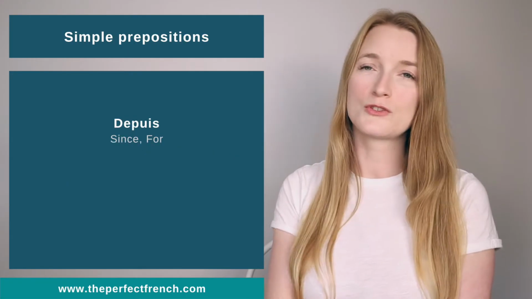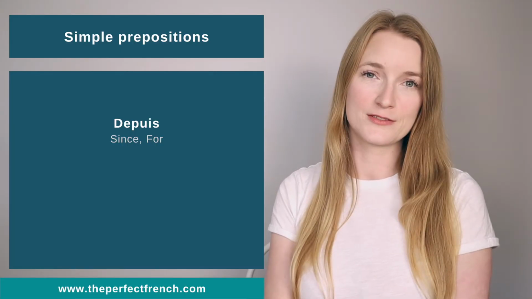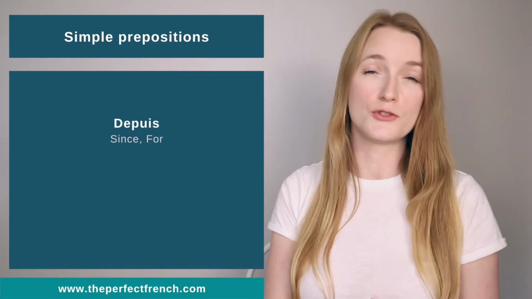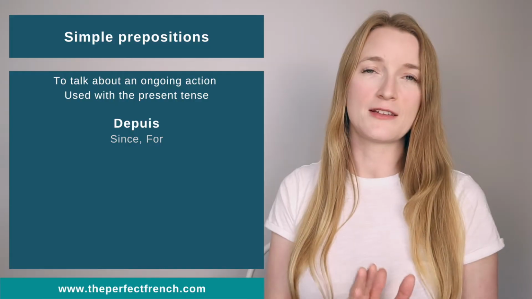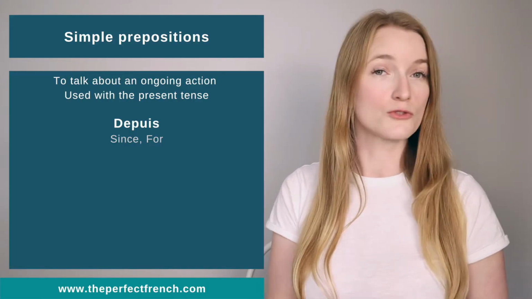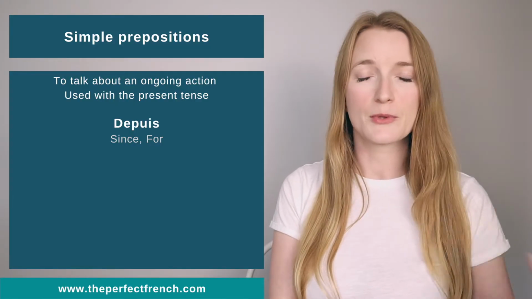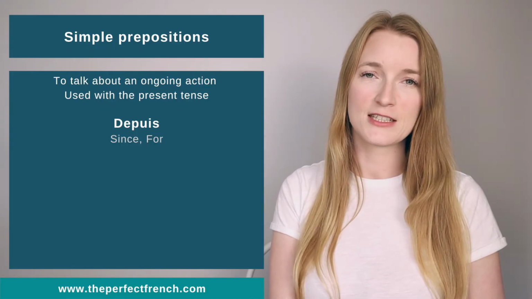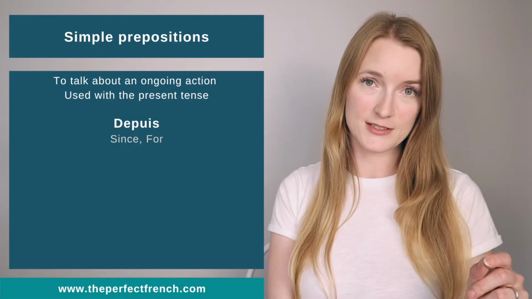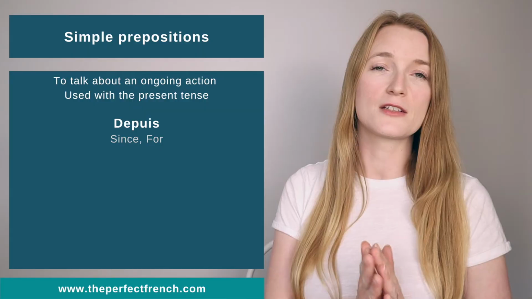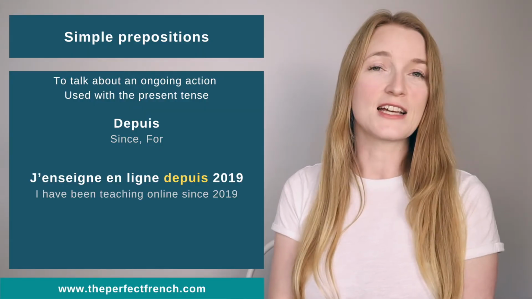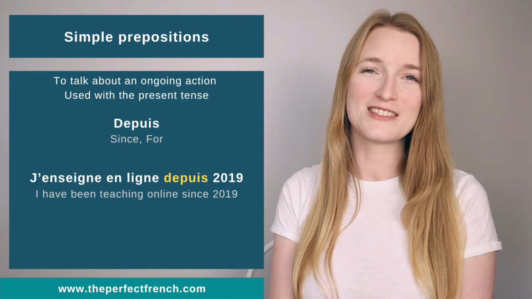Before work. Depuis, since, for. For us, we have only depuis. And we've seen this one many times already, especially in the conjugation course. And I keep referring to it every time we see it. We use it mostly with the present tense, and we use it to talk about an ongoing action. J'enseigne en ligne depuis 2019.